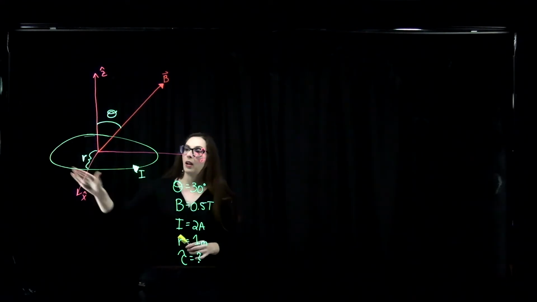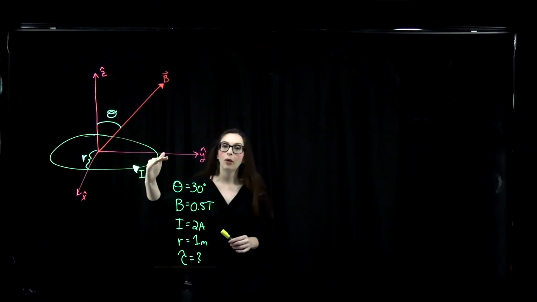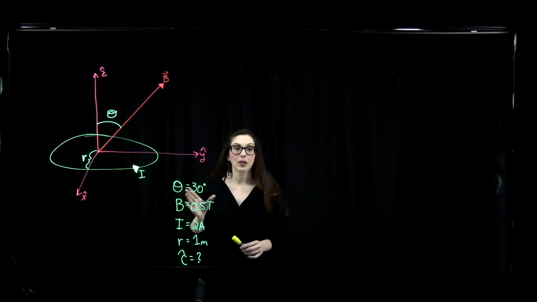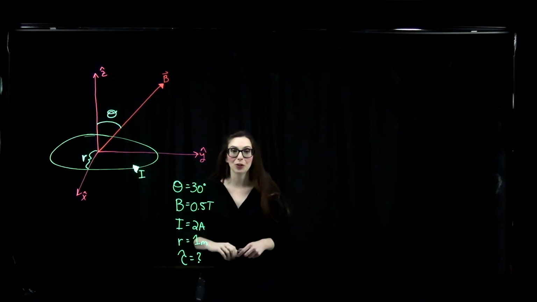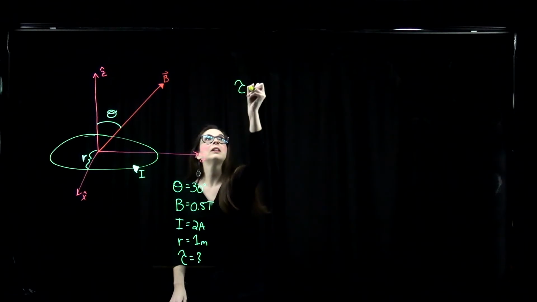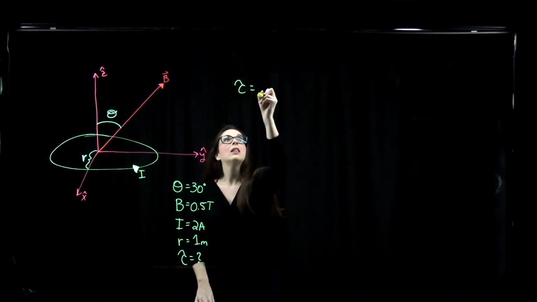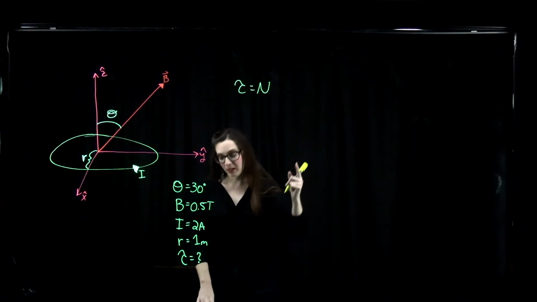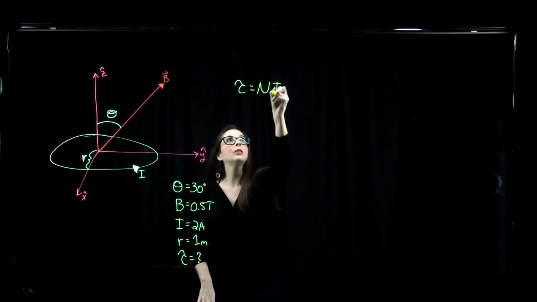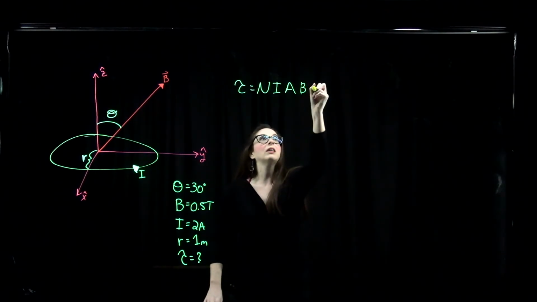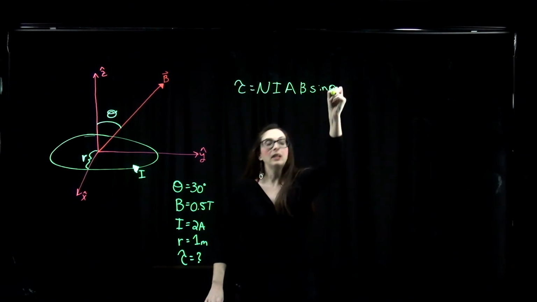So here's my wire, and I'm just going to say that the current is running around in this direction here. We need to find the torque of this loop of wire. Our equation for the torque is equal to the number of coils in my loop times the current through the loop times its area times the magnetic field times sine theta.